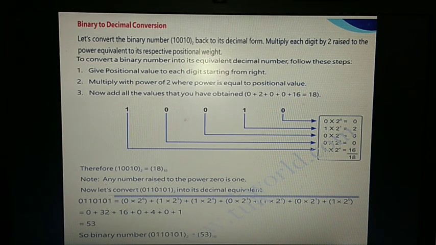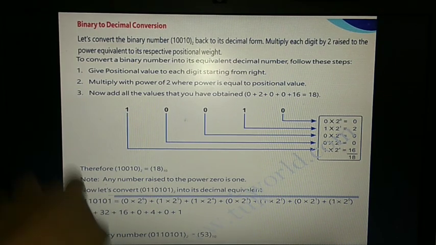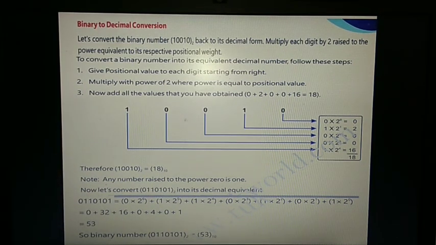That is, once again, the position of a number always starts from the right hand side by counting from 0. Okay? 0, 1, 2, 3, 4, 5, 6, and if it is bigger, then more goes on. Yes? And when you are writing, you will start from the left hand side. Okay?